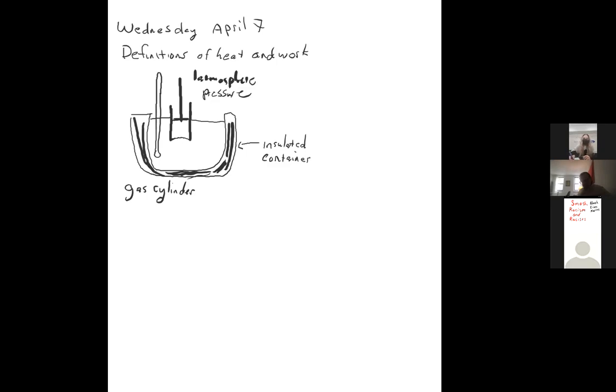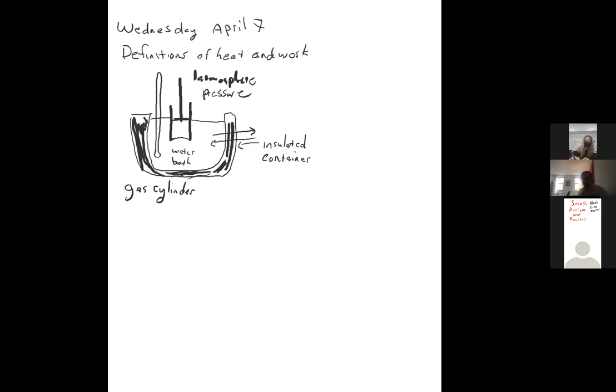Okay. Thermal insulator, what it does is it slows down, it doesn't stop it, but it slows down the transfer of thermal energy between the environment and this region on the inside, which is just a water bath. Just like a little bathtub.